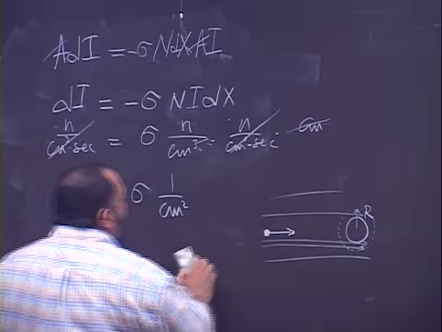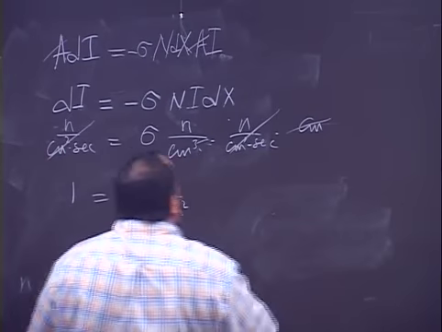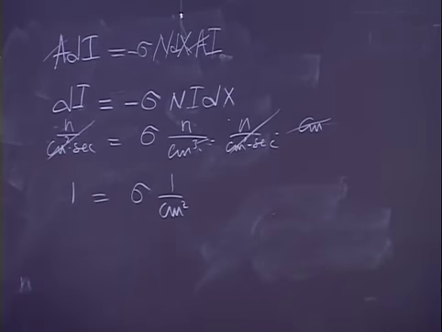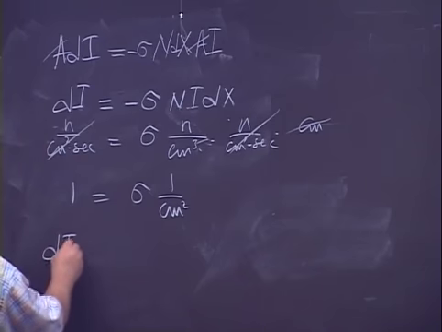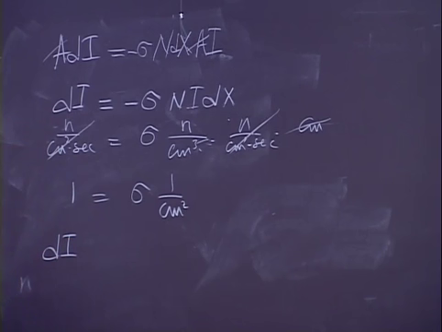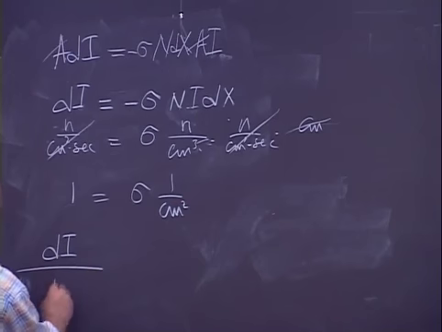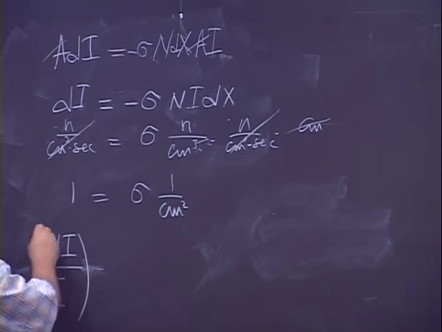Okay, now what does the cross section represent? So this is dI, number of neutrons interacting inside the target per centimeter square per second. If I divide it by I, what does it mean?